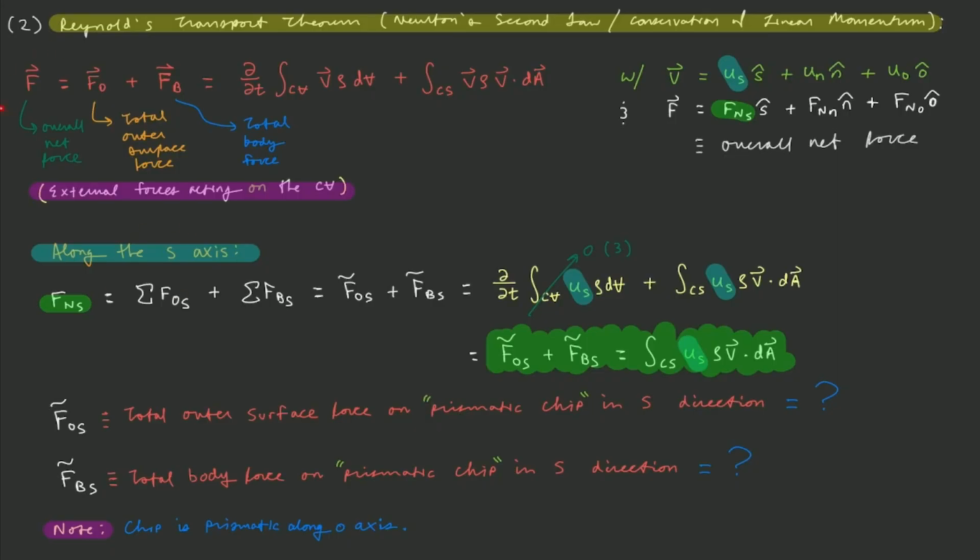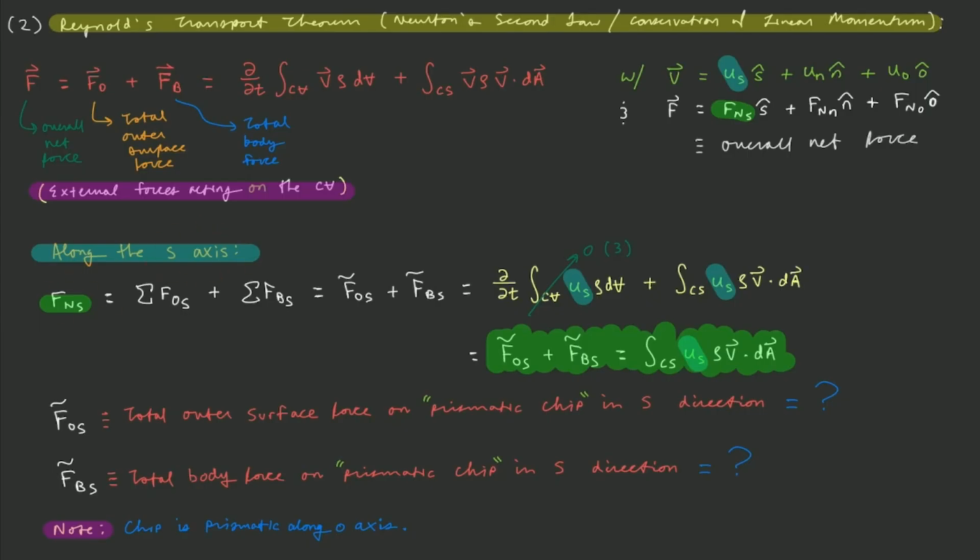So how do we split this equation into S, N, and O components? We're going to start by looking at the S component of the net force, and that must be equal to the time rate of change of linear momentum in the S direction within the control volume plus the net flux of linear momentum in the S direction across the control surface. You could also write this for F_N N and F_N O, but we're only interested right now in this quantity along the s-axis.